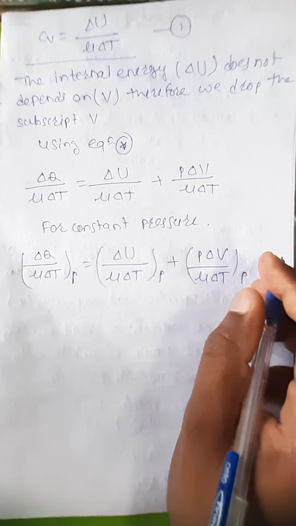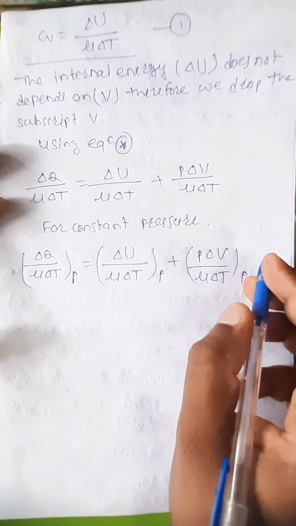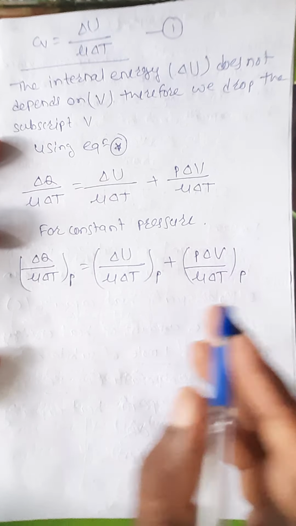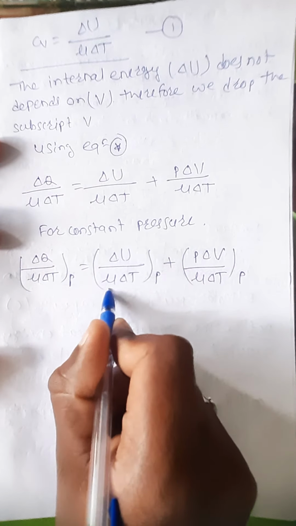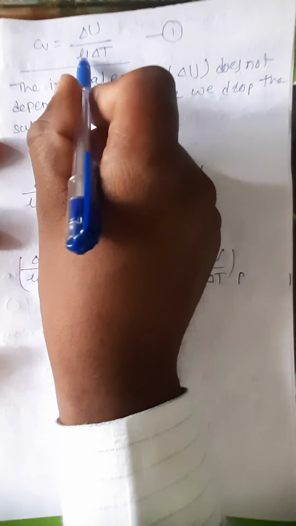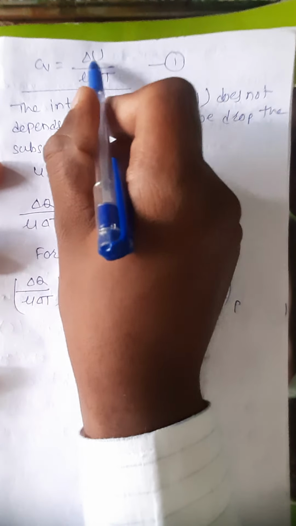Next, delta U divided by mu into delta T, this is nothing but Cp.